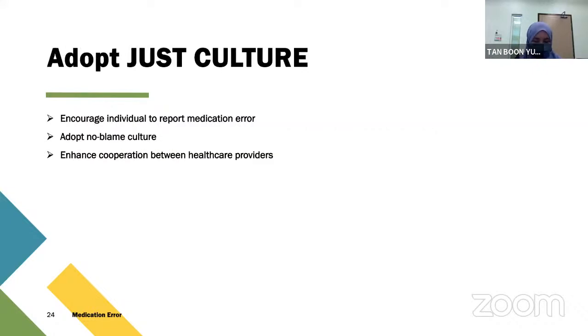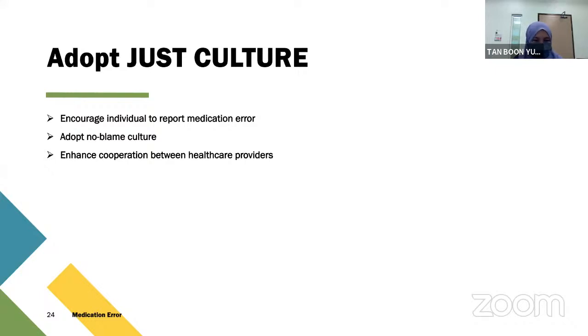And the final one is to adopt just culture. Yang ni paling penting sekali lah. Bila ada medication error berlaku, kita kalau boleh nak kurangkan critical judgments to the one who make the mistakes and also to the one who report the medication error. Yang ini kita kena adopt no blame culture.